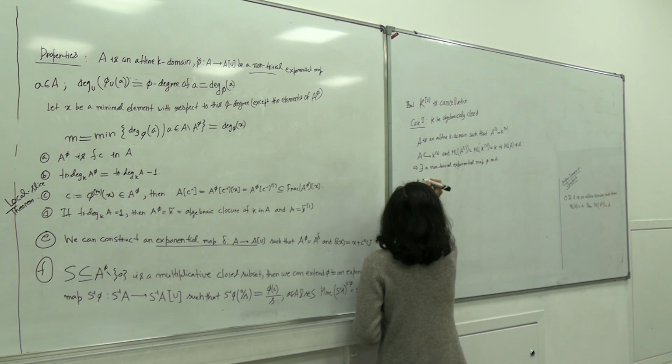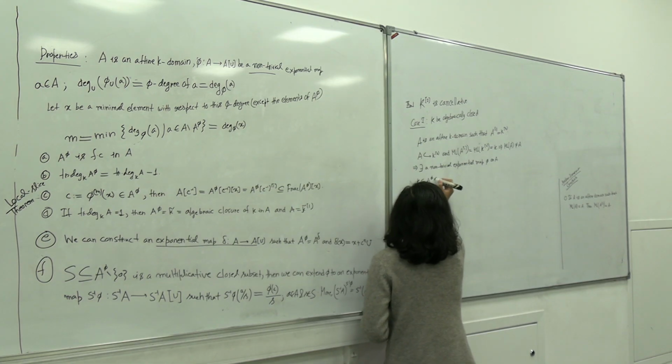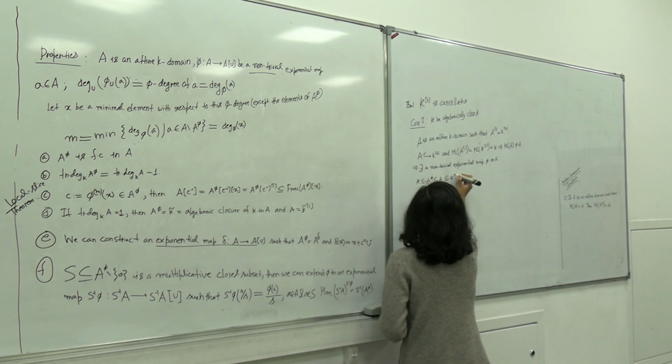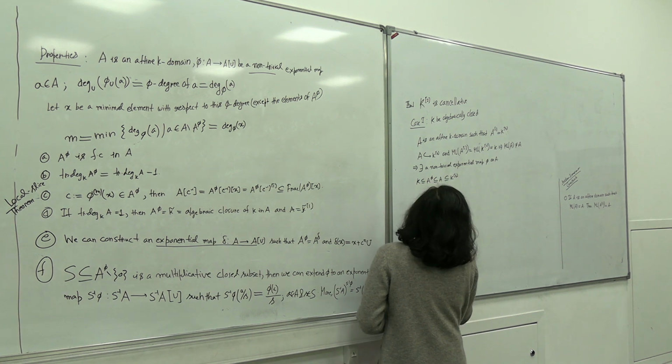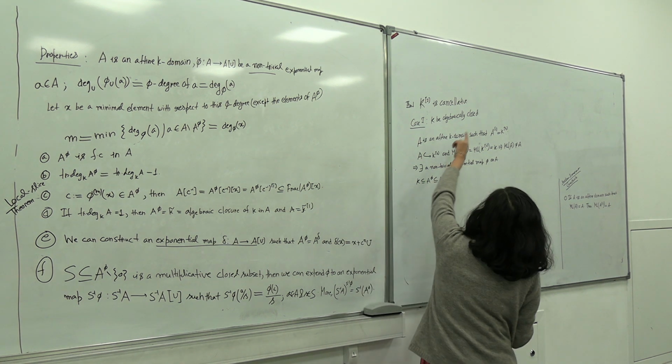So we have K, which contains A to the power 5, which contains A, which is contained in K to the power 3. Okay, now again A is A1.